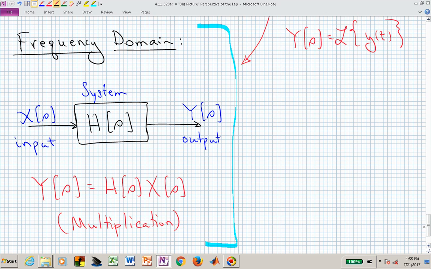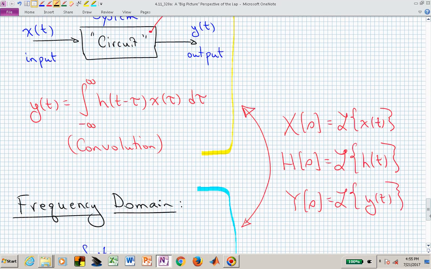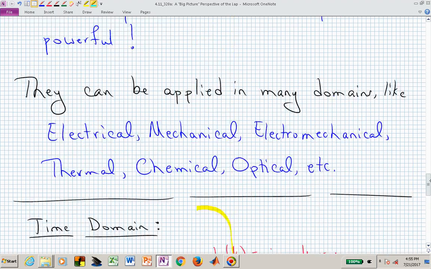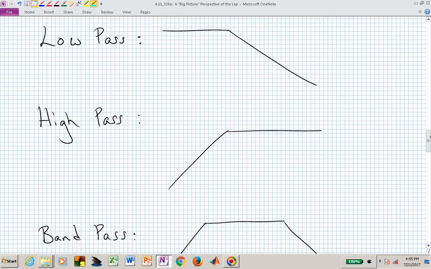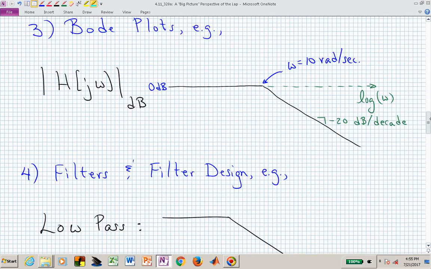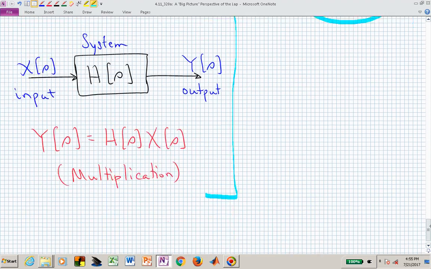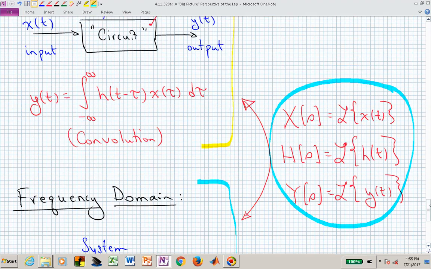It will take us many different places, but we want to become very comfortable with computing these Laplace transforms because they will allow us to think more generally in terms of what's happening. We can now think about frequency response, Bode plots, filters, poles and zeros, and transfer functions, all by this concept of the Laplace transform, and that will open up a lot of opportunity for our understanding of electrical systems.